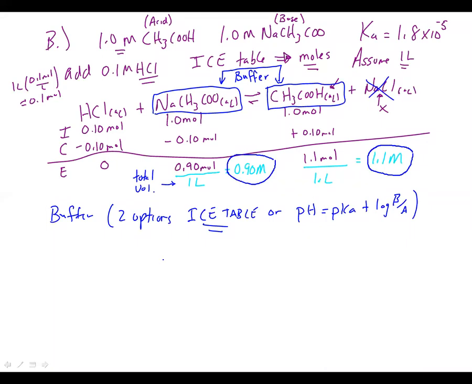So that means I'm going to do just the Henderson-Hasselbalch. pH is our pKa plus the log of the base over the acid. In addition, you should hopefully recognize as well, this is the same buffer that we started with, which means it's the same weak acid, and that means it's the same pKa value we had from the previous problem.